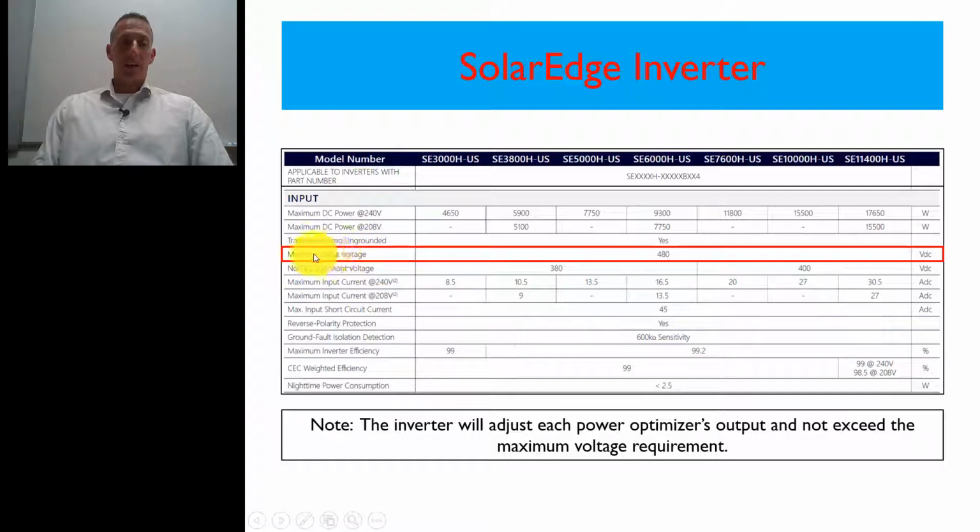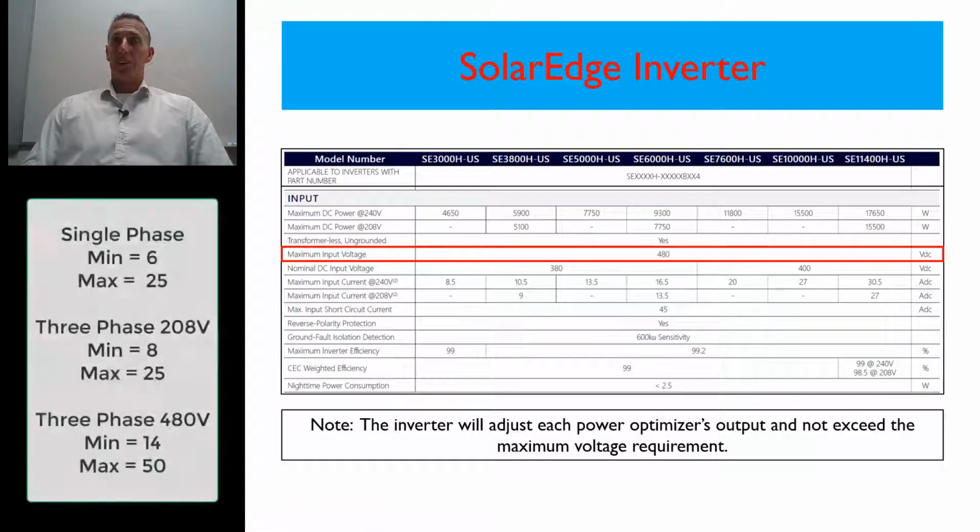You can see across the board, this applies to every single one of these inverters, that maximum voltage you can see right there is 480 volts. In a couple of previous slides, it told us that the minimum string lengths would be 6 converters connected in series, all the way up to 50, and if I remember right, that's basically on the three-phase 480 volt ones.